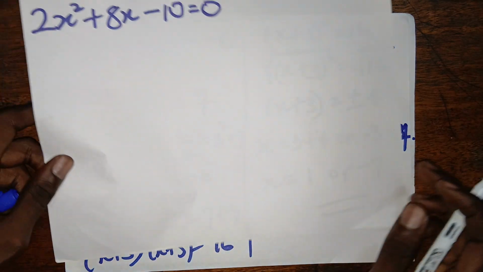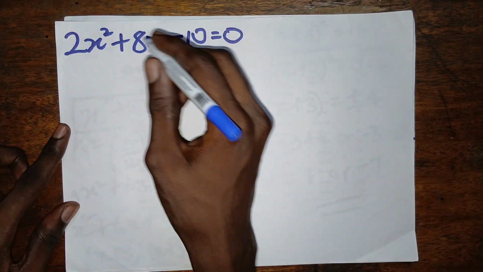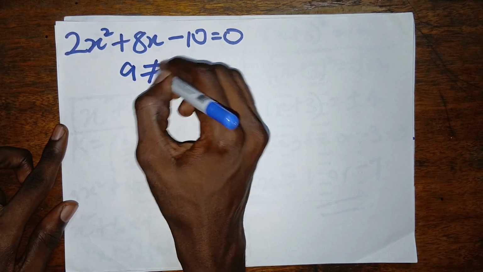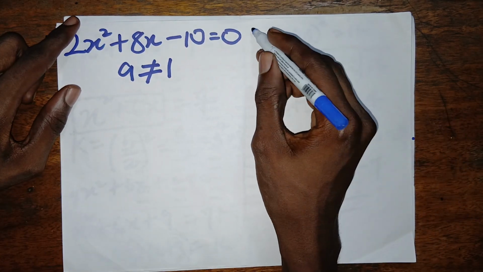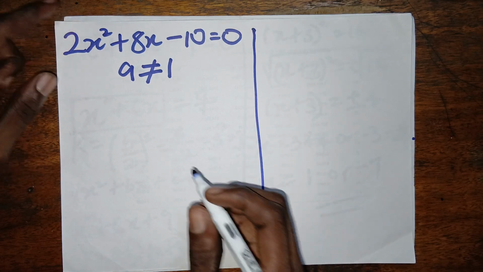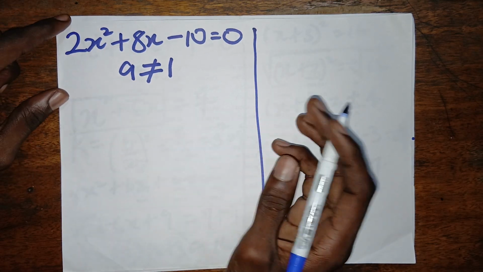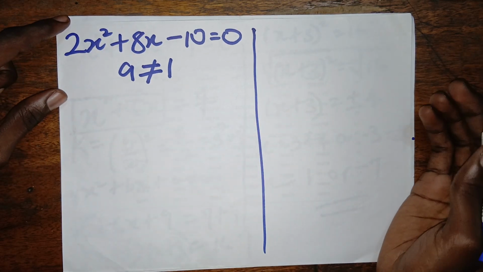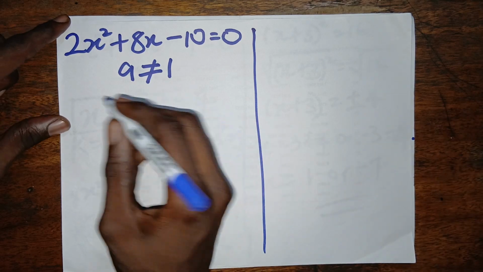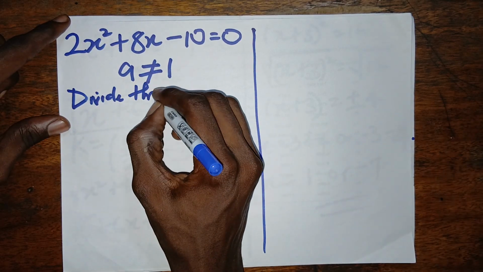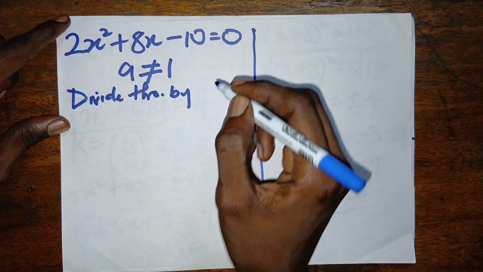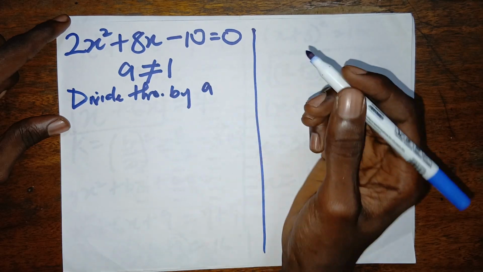Then when we have a not equal to 1, it can be less than 1 or greater than 1. The first thing you do is to divide through by a. And what's our a in this instance?